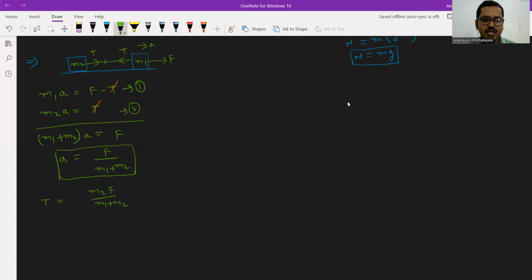Right, next one more application. Based on Newton's third law, I'm explaining rocket propulsion, or simply rocket motion. It works on the principle of Newton's third law, action and reaction.